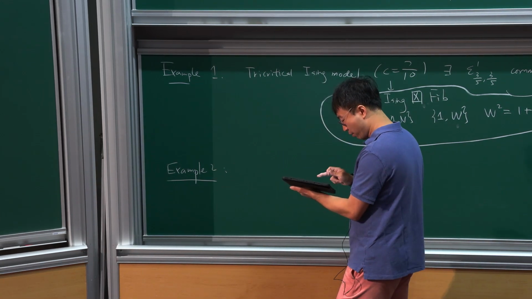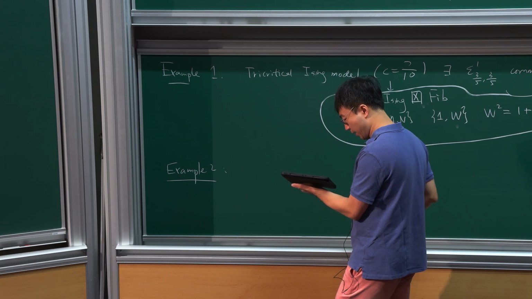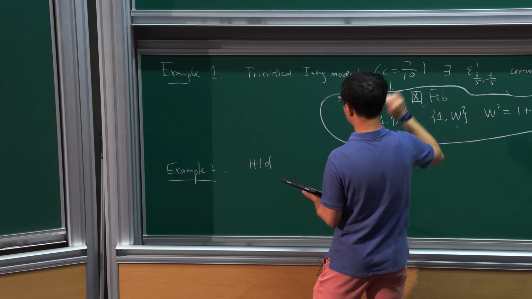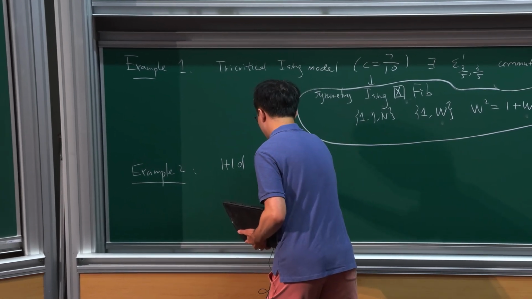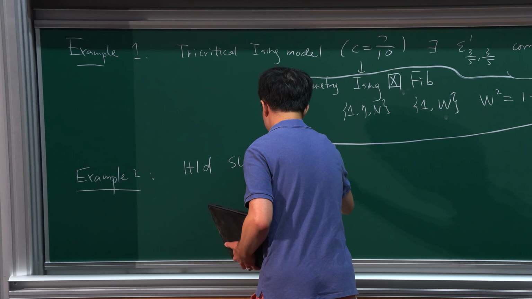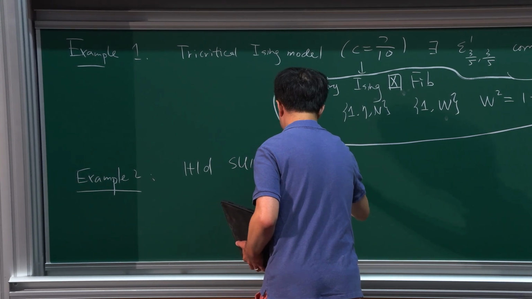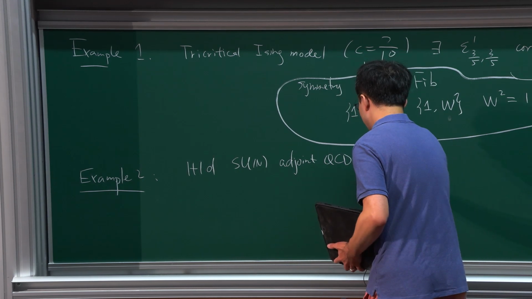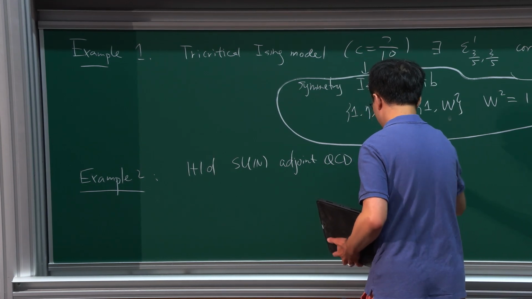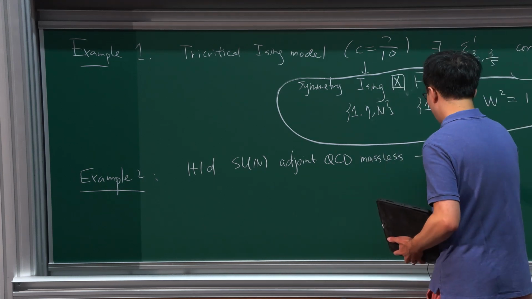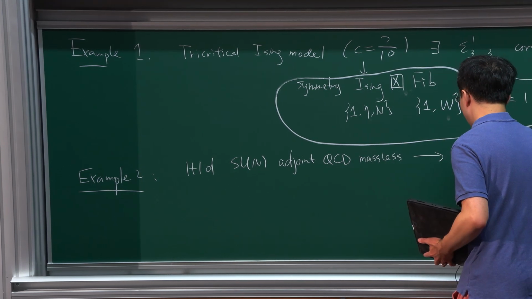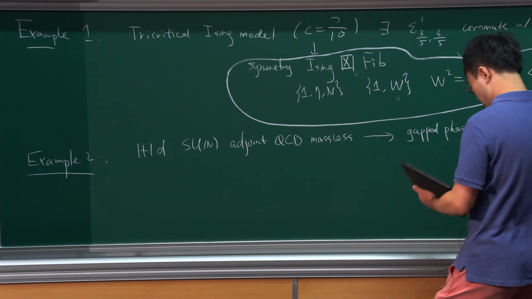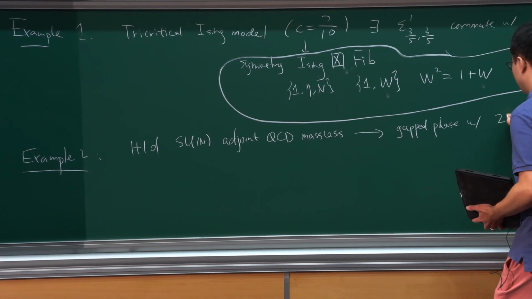It's from a paper by Komargodski, Ohmori, Roumpedakis, Seifnashri et al., where they show, again using generalized symmetries, that 1+1 dimensional SU(N) adjoint QCD with a single Majorana fermion in the massless case flows to a gapped phase with a huge vacuum degeneracy of the order 2 to the N ground states.